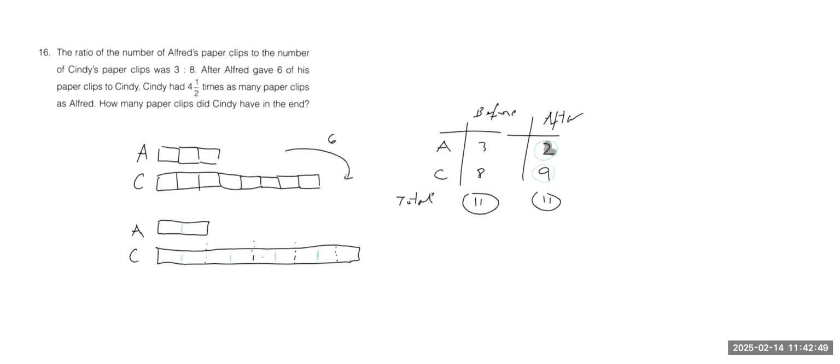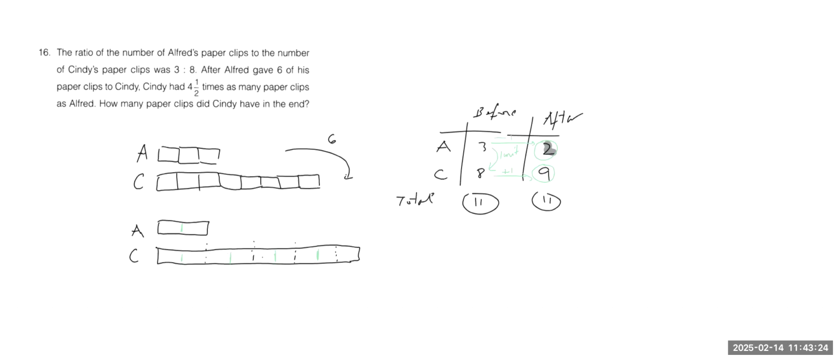So what really happened is just simply 1 unit transferred, right? 1 unit must have transferred because we still have the same number of units. So that's how the 3 got decreased to 2 and how 8 got increased to 9, right? So here the 1 unit was added to Cindy, where here 1 unit was decreased for Alfred.